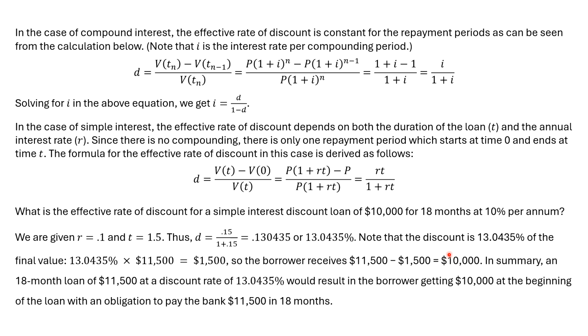So the borrower receives $10,000, but he or she needs to pay back 11,500 at the end of the year and a half. So in summary, an 18-month loan of 11,500 at a discount rate of 13.0435% will result in the borrower getting $10,000 at the beginning of the loan with the obligation to pay back $11,500 in 18 months.